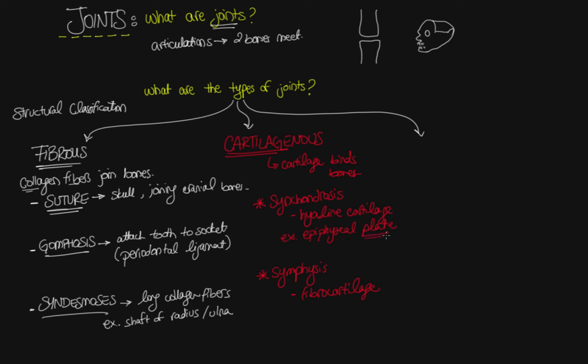So epiphyseal plate made up of hyaline cartilage in children, and then it ossifies as these children become adults. And then an example of a fibrocartilage joint is going to be the pubic symphysis, which is going to be the joint that links the two coxal bones anteriorly. Okay, so at the pubic region, linking the two hip bones is what we call the pubic symphysis. And another example is in between the vertebrae.